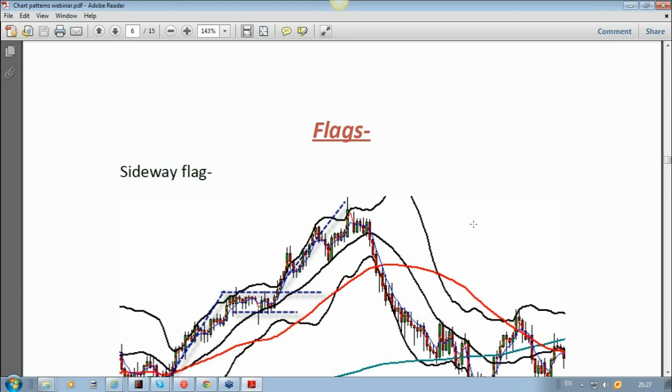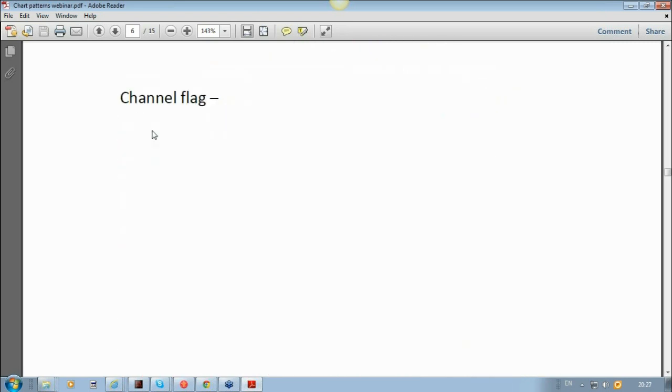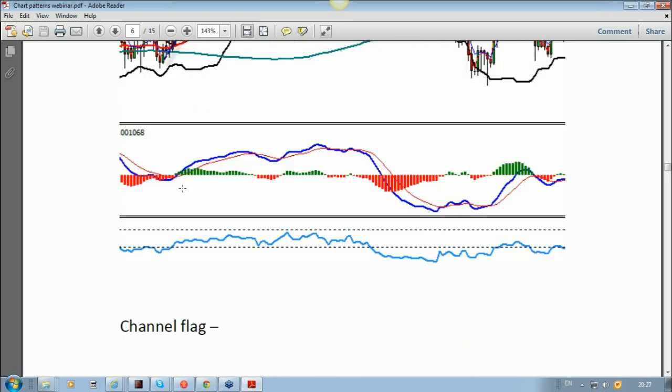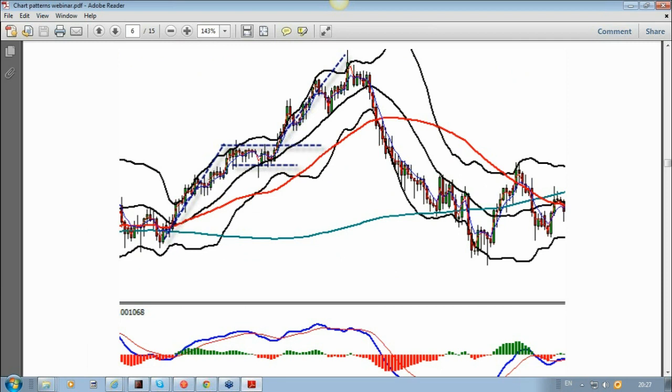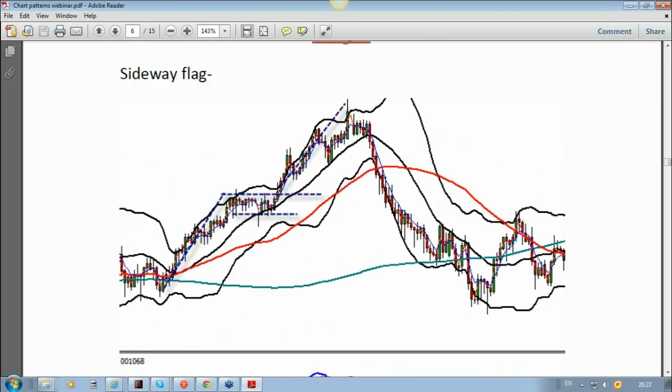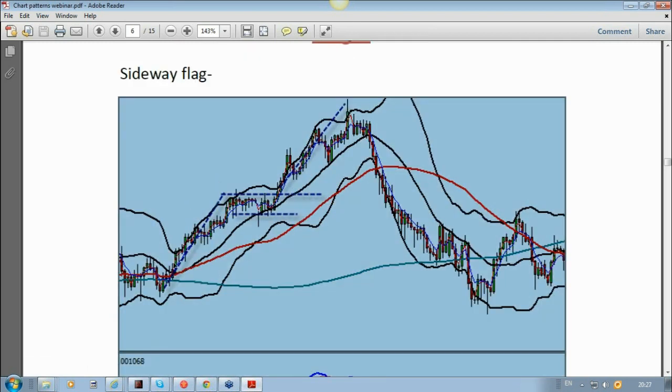Alright, flags. We have the sideways flag and we have the channel flag. Let's see the differences to understand better. Once again, I want to see a trend, then I want to see a sideways move.